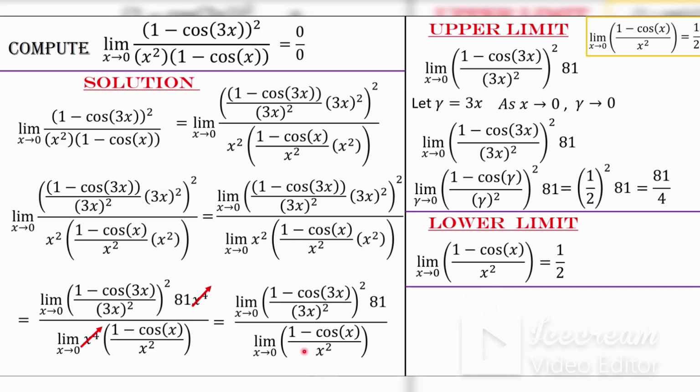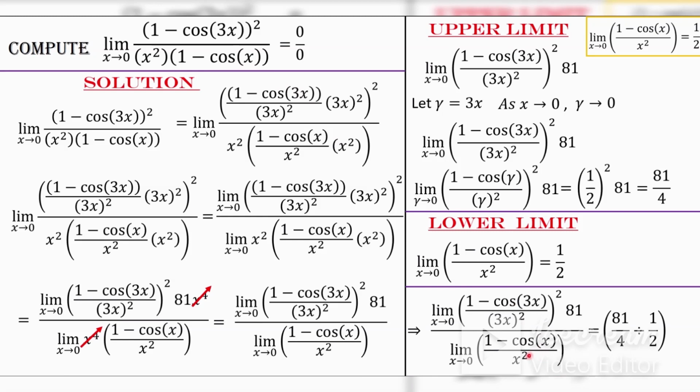From which you can conclude that this limit, that is the upper limit divided by the lower limit, which is the limit we are trying to look at, the limit as x tends to 0 of (1 minus cos 3x) all squared divided by x squared times (1 minus cos x), is going to give us the upper limit divided by the lower limit, because I clearly explained how we got here.